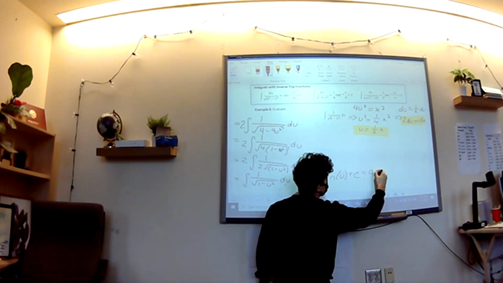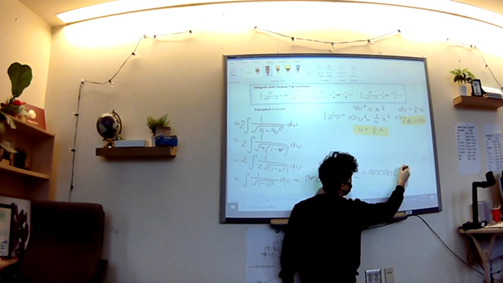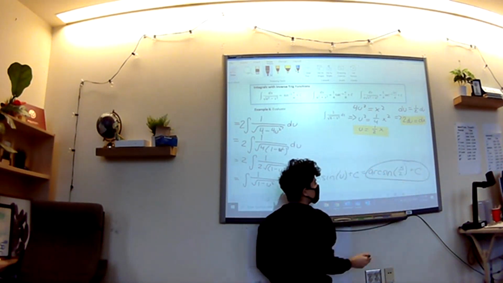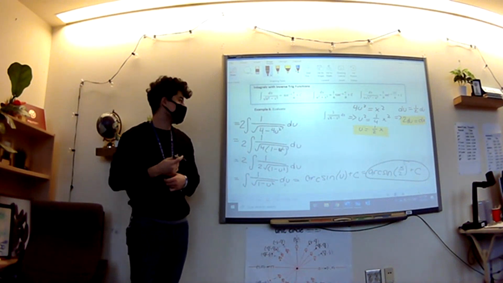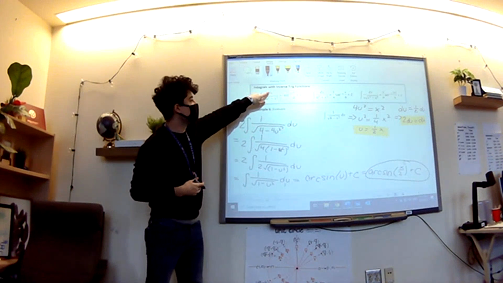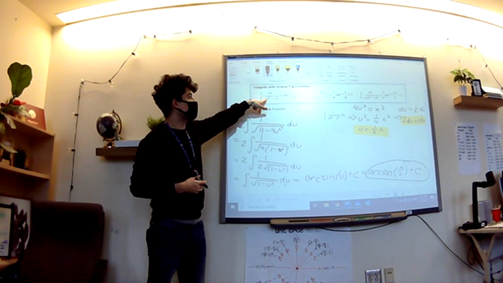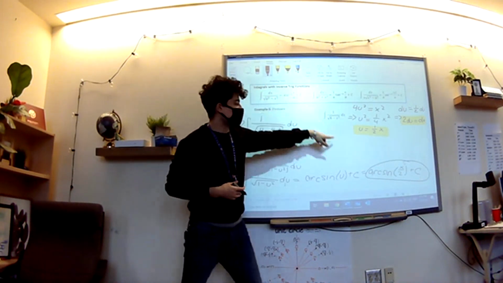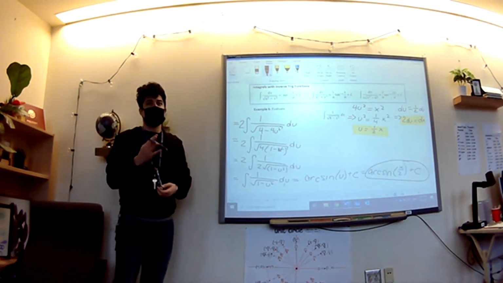So this is arcsine of half of x, or x over 2, however you want to write it, plus c. So that should match what is up here, and indeed it does. Look, the antiderivative of this is sine inverse of x over 2 plus c, which is exactly that. Cool.